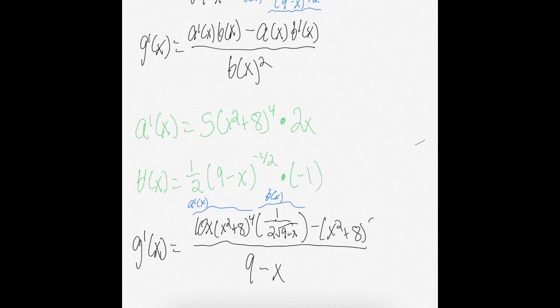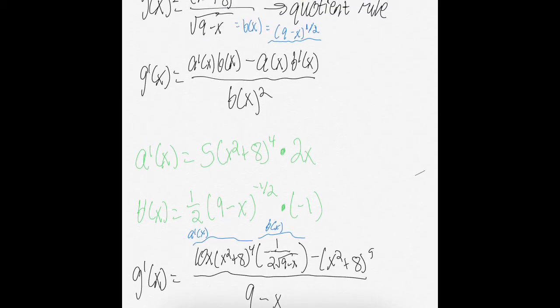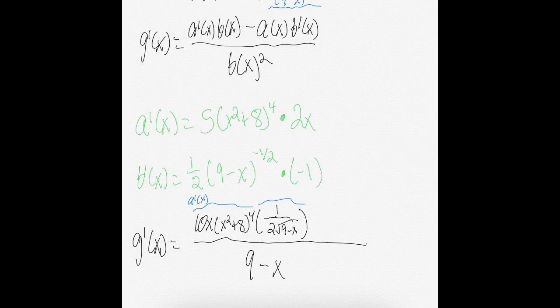Now we're going to subtract a of x. So a of x we said was x squared plus 8 to the 5th, minus x squared plus 8 to the 5th. Okay, and then, oh, excuse me, this is not b of x. I wrote b prime of x.